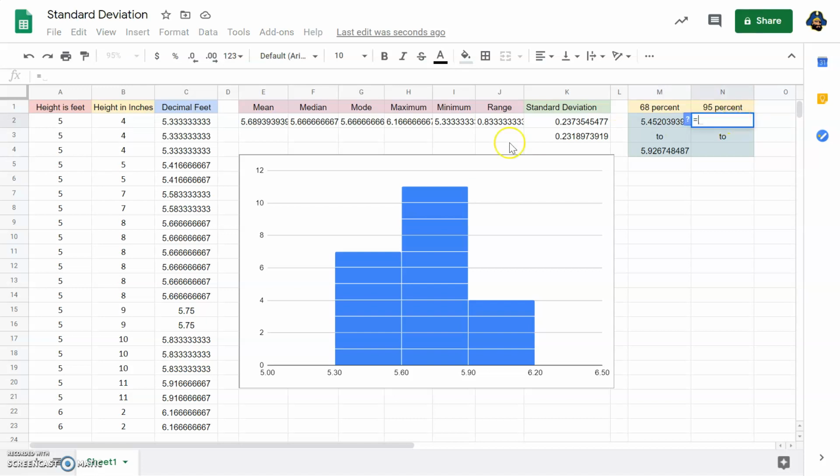So we're going to have equals the mean minus, now we have to multiply the standard deviation times 2.